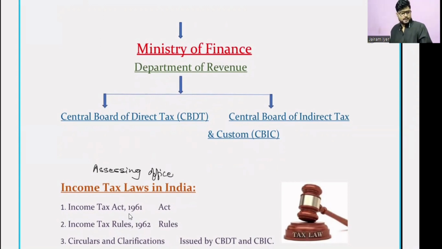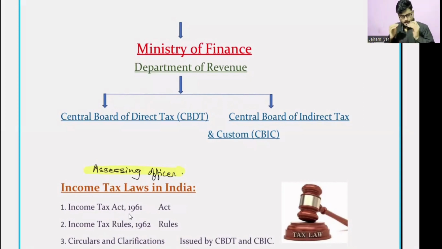He is the one who will be directly representing the department, the government, to us. He is the one, in case of default, in case of any penalty or whatever, we'll say AO will come, AO will catch us. We need to give an explanatory statement to the AO. AO means assessing officer, the one who is going to assess our income, who is going to check whether I have done correctly or not.